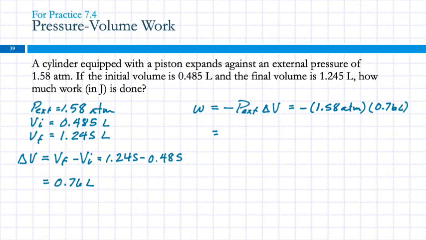And when I do the math, I get negative 1.2008. I was sloppy over here. When subtracting these, they both had 3 decimal places, and so this is actually 0.760 liters, which affects the number of sig figs in the answer. Negative 1.2008, 3 sig figs.